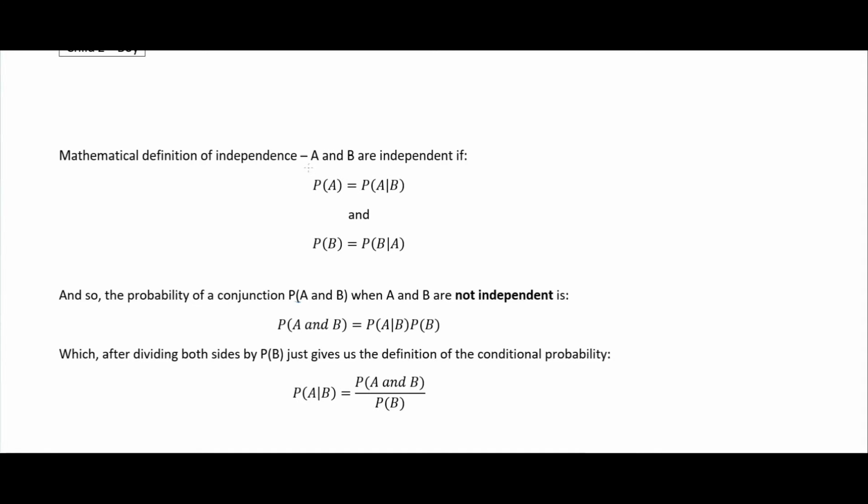And so we can say that A and B are independent if the probability of A is equal to the probability of A given B, and the probability of B is equal to the probability of B given A. What this is saying is that the probability of A is not affected by B being a given, and the probability of B is not affected by A being a given. So even after we know that B has happened, we can't change our probability of A.